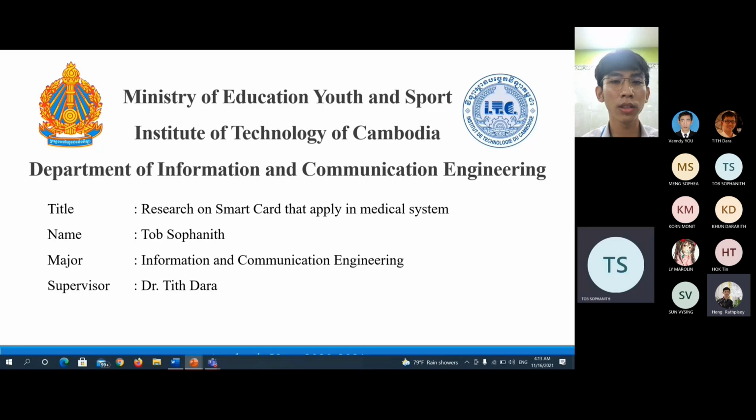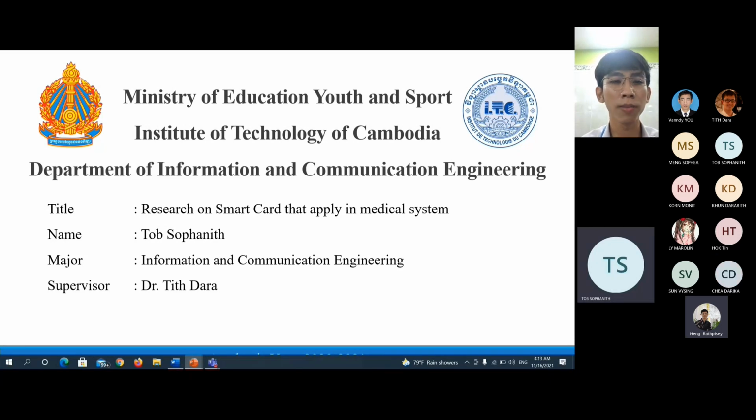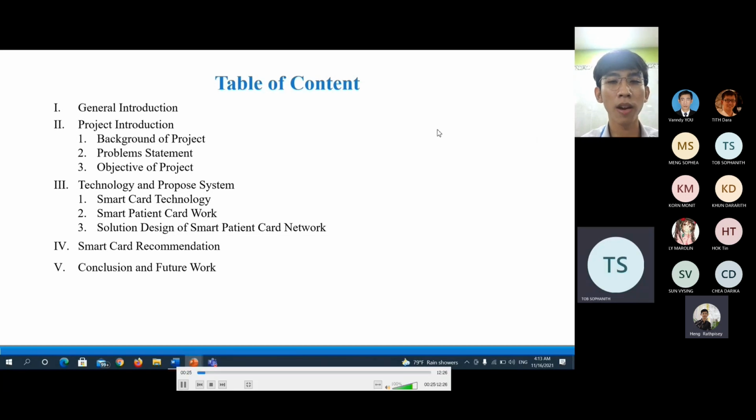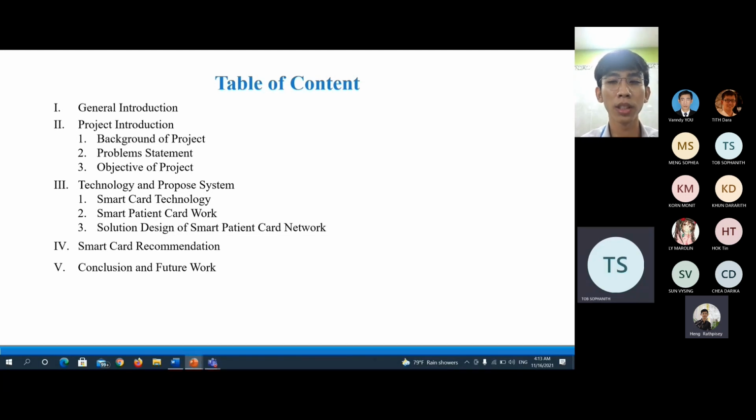Today, I'm very excited to present my project about research on smart cards to apply in the medical system. My table of contents: part 1, general introduction; part 2, project introduction, which has first the background of the project, second the problem statement, and third the objective of the project.